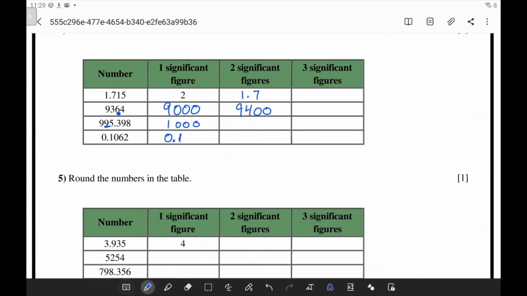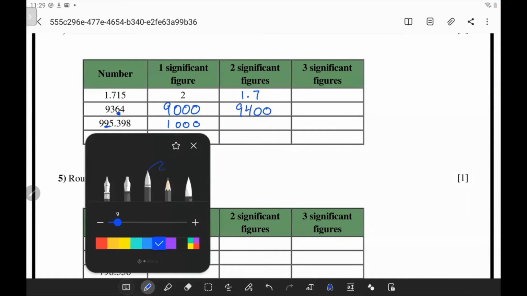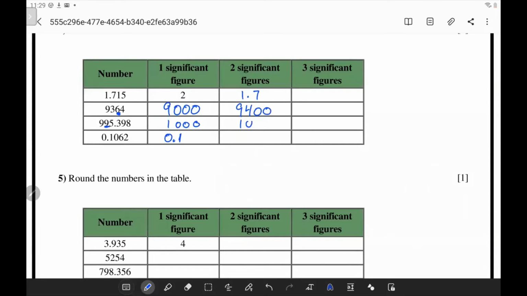So for this one, for two significant figures, it will still be 1,000 because the number here is bigger than or equal to 5, so you have to add 1. For this one, two significant figures, it will be 0.11 because this number here is bigger than or equal to 5.